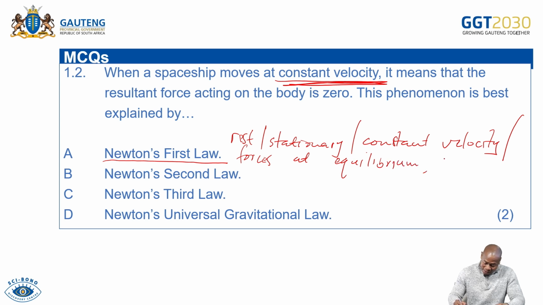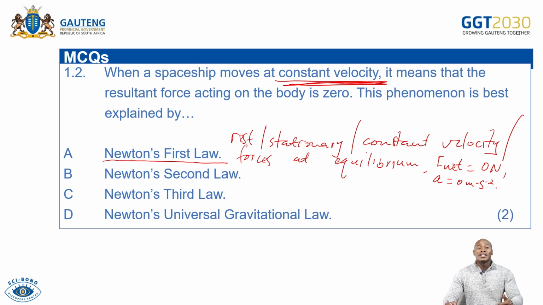So here, what we know is that the net force acting on that object, if an object is at rest or is stationary or is moving at a constant velocity, not constant force, but constant velocity or constant speed, right? Or if the forces are at equilibrium, F net is equal to 0 newtons. And if F net is equal to 0 newtons, it means that even the acceleration is 0 meters per second squared.